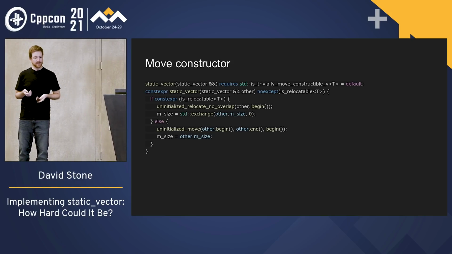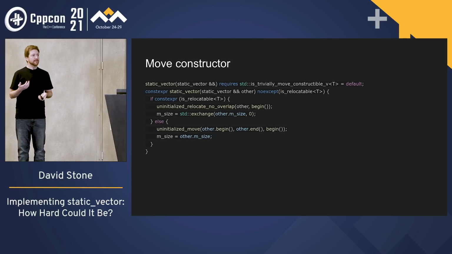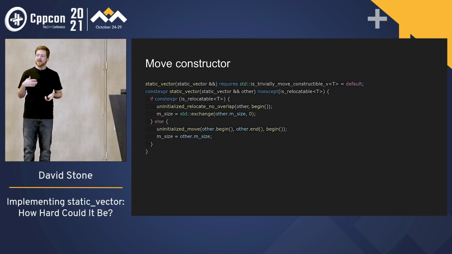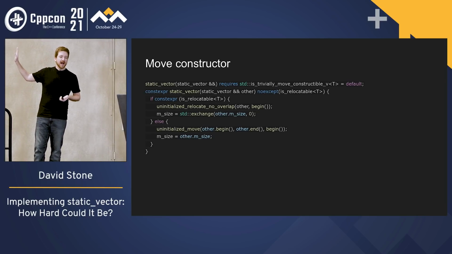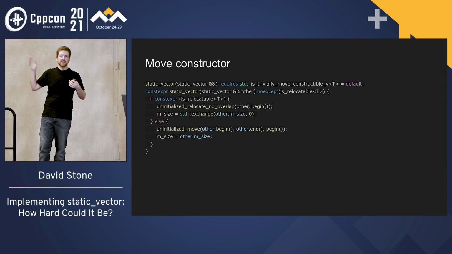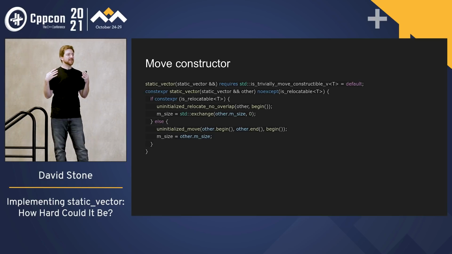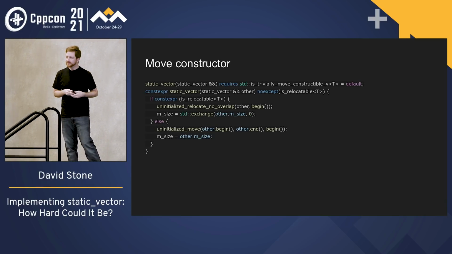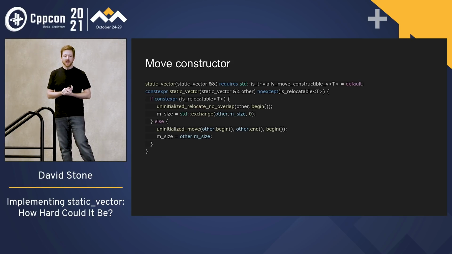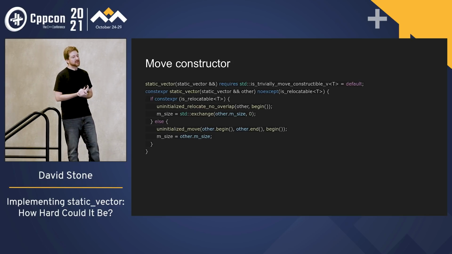Now, if that doesn't work, if it's not trivial, then we have some choices to make. For the code I'm showing here, I'm using an operation called relocation. There's a whole lot of different things that relocation could mean. Yes? Does trivially move constructible imply trivially destructible?